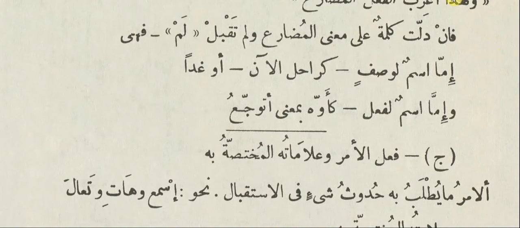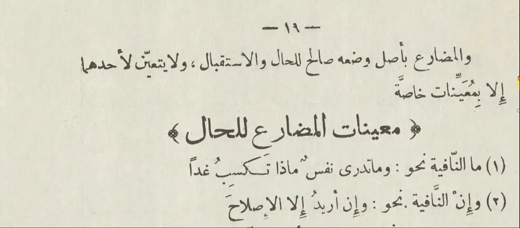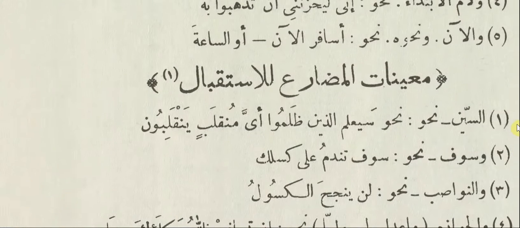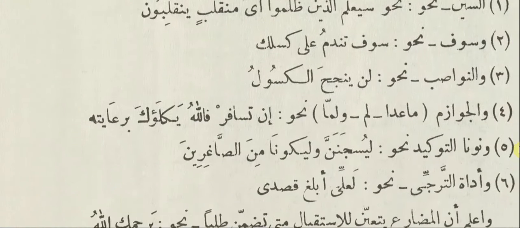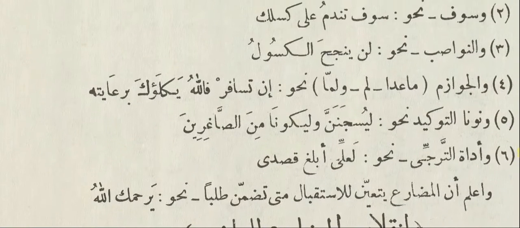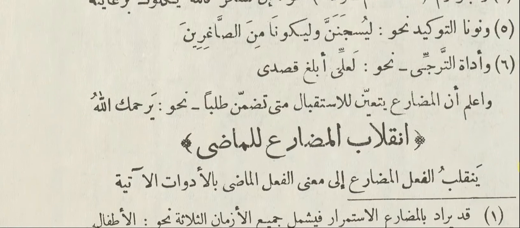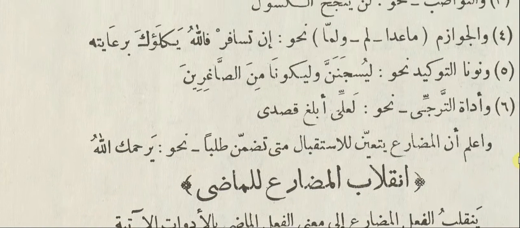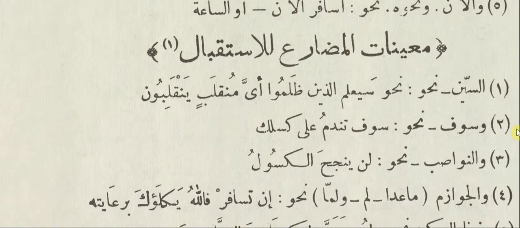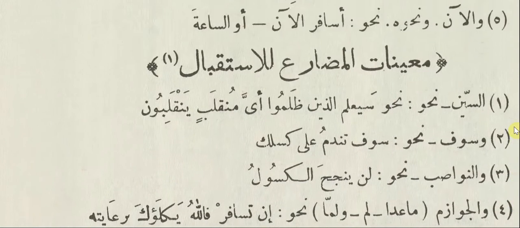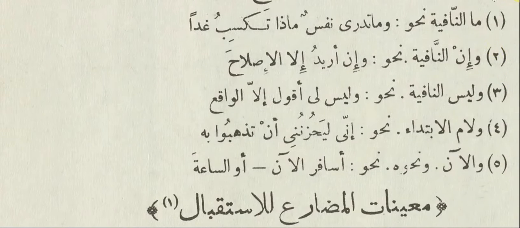Here another page about definitions, what causes the present to only indicate the future, what causes it to only indicate the present, and when it can work for both present and the future, or what can cause the present to indicate the past by using these letters that you add at the beginning. That's another example.